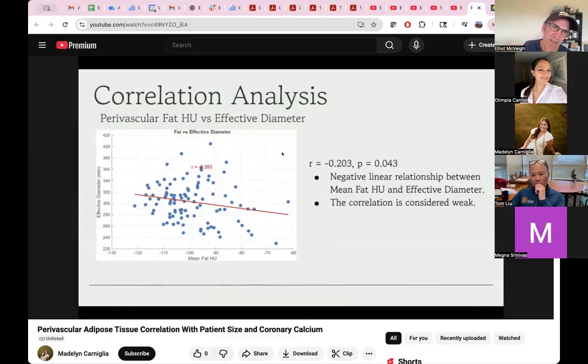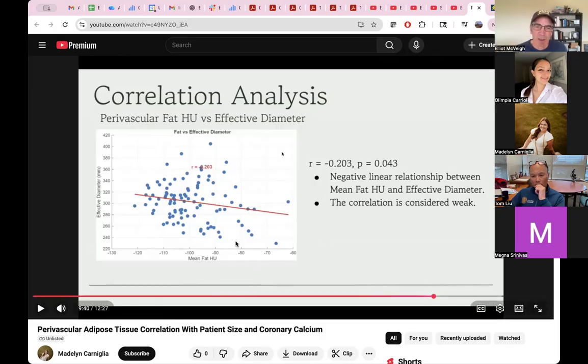So we thought, maybe if we tried the effective diameter to show the average size of each patient, that might show more of a correlation. And it showed more, but not exactly what we were expecting at all. We would expect it to be the opposite. You would have thought that if they're bigger, they probably would be in the more inflamed group, versus this group, which is the more straight up fat.